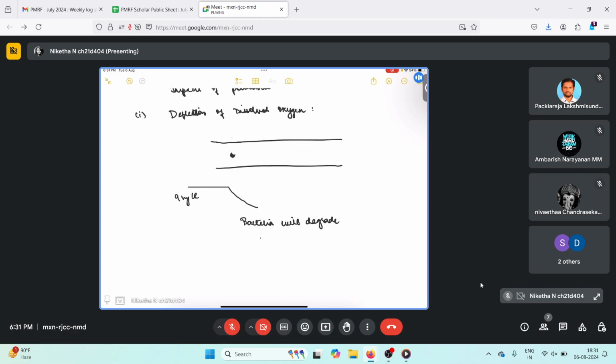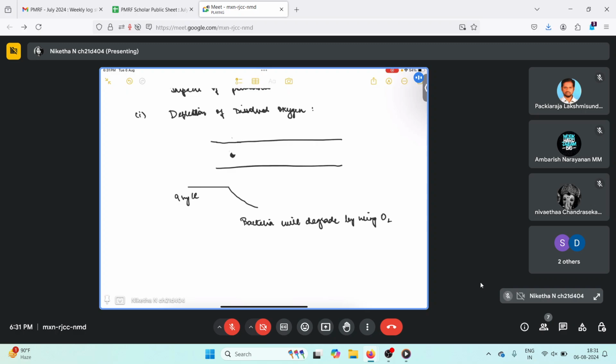So the bacteria will use up the oxygen present in the river. Initially, whatever dissolved oxygen concentration was there is gradually going to go down because the bacteria is working.